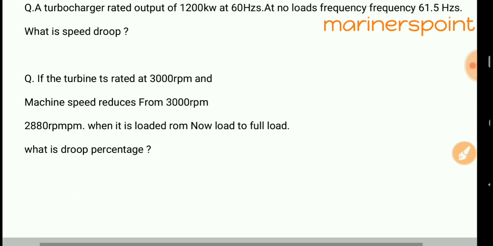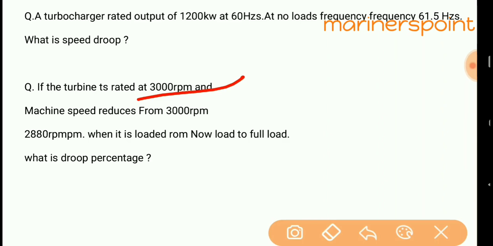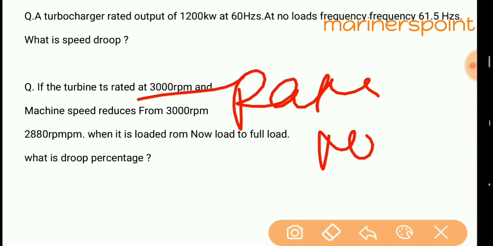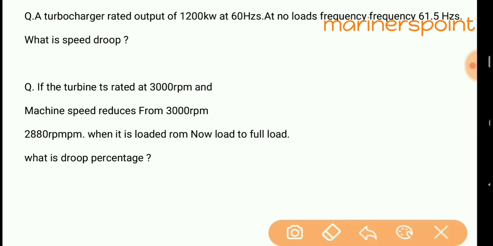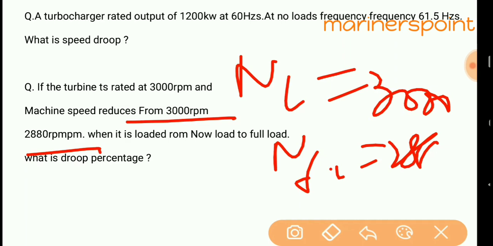Now the next question: if the turbine is rated at 3000 RPM and machine speed reduces from 3000 to this value. Rated means no load, always remember. So no load is given, and full load is given, and now we have to calculate the speed droop.